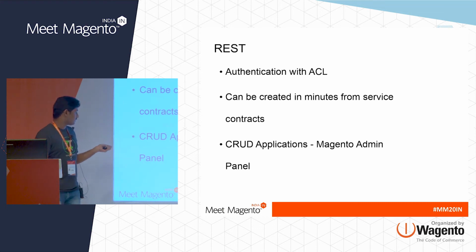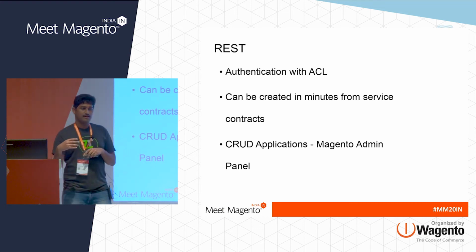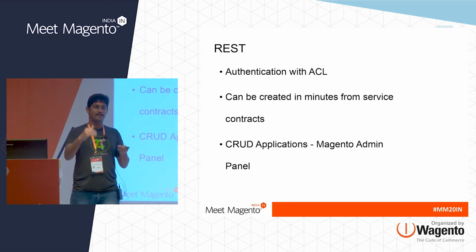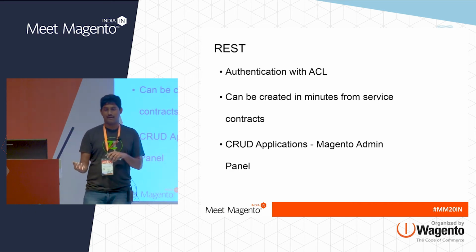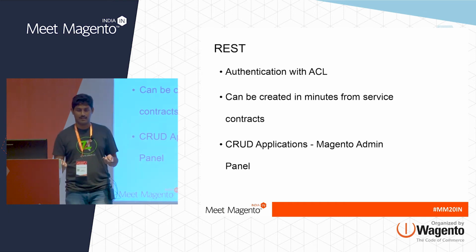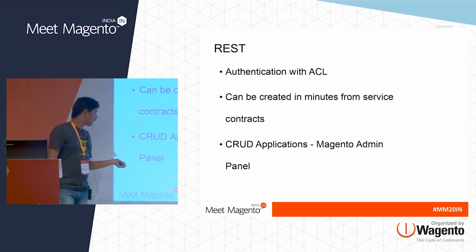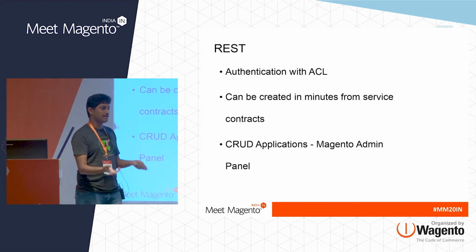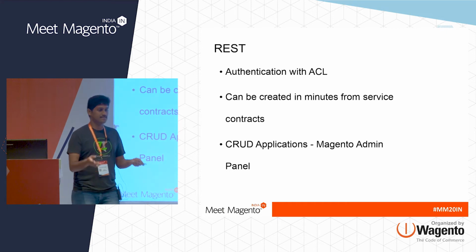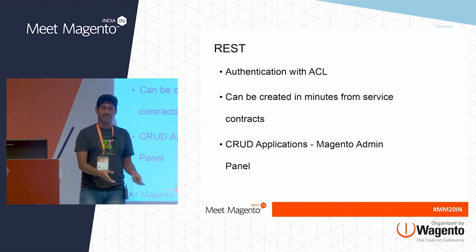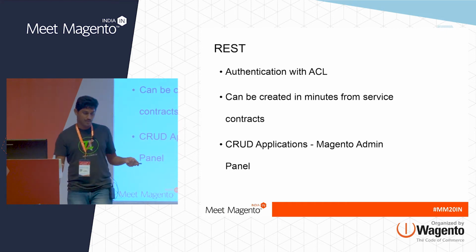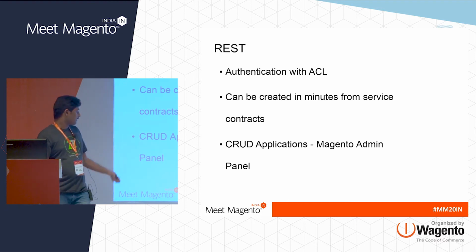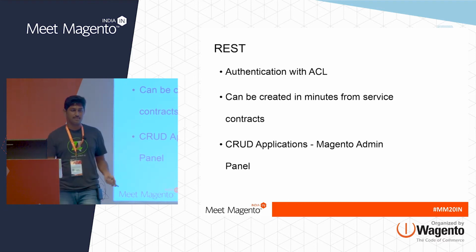And in REST applications, you will get all the data, and in GraphQL you will get very little. Whatever you want, you will get from GraphQL. But in your Magento admin panel, you will need all the data. So in that case, you don't need a GraphQL API. It is not a wise decision to use GraphQL in your backend admin. So in CRUD applications, REST plays the best role.